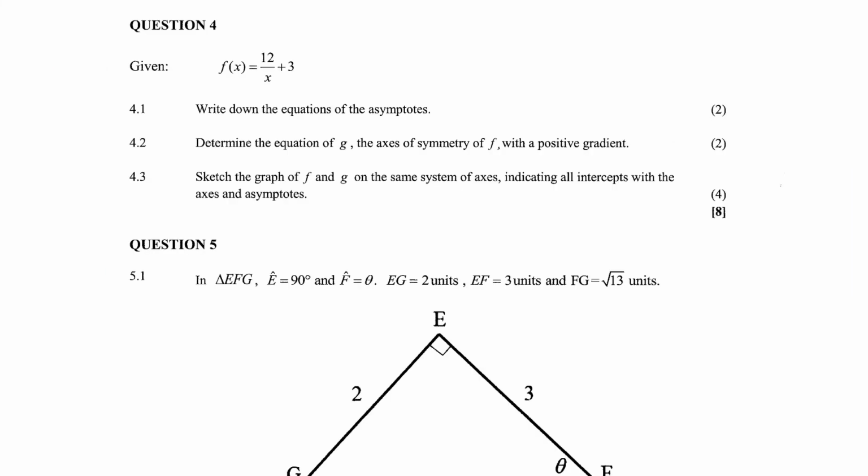Question 4, we are given f of x equal to 12 over x plus 3. And that is a hyperbola. So we have 4.1, which says write down the equations of the asymptotes. So already we know that we have asymptotes, so we are sure that we are dealing with a hyperbola.